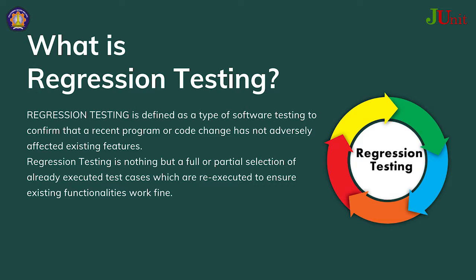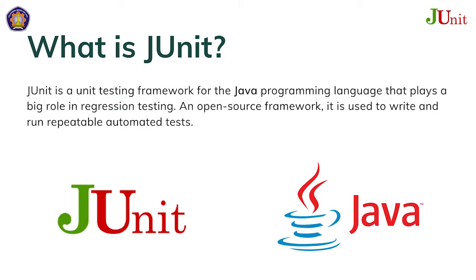affected parts of code. And after we discuss regression testing, now we're going to talk about the testing framework that is so important in regression testing, and that is JUnit. What is JUnit? JUnit is a unit testing framework for the Java programming language that plays a big role in regression testing.